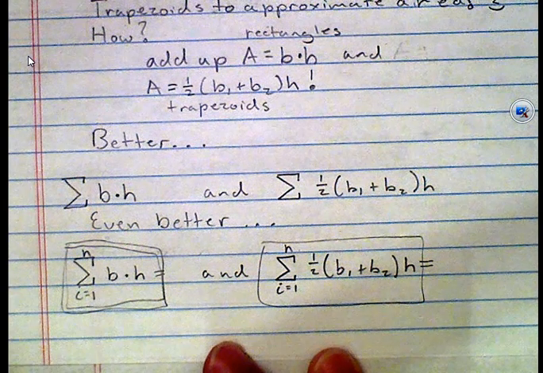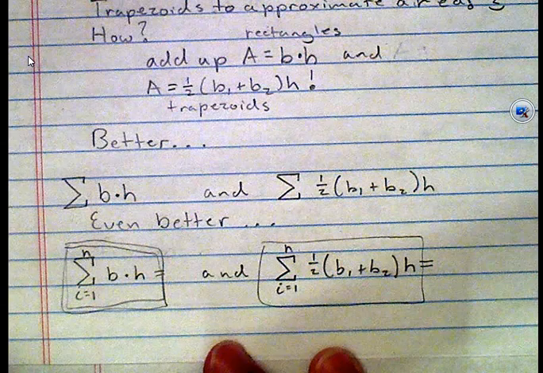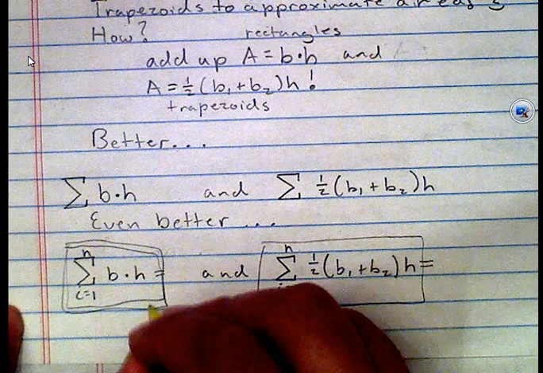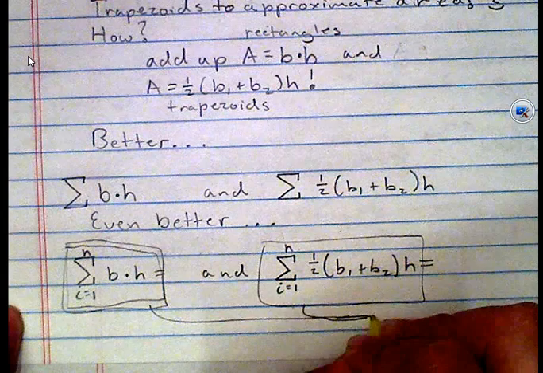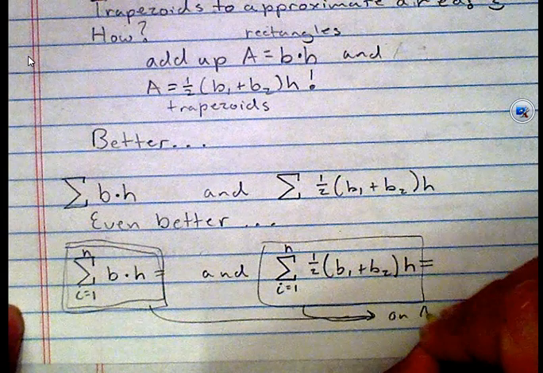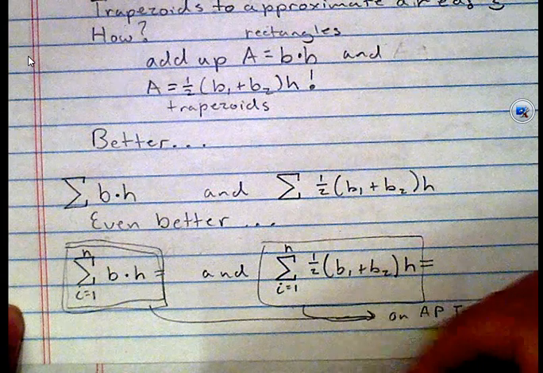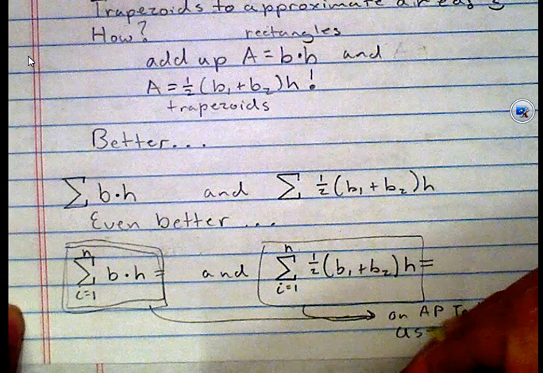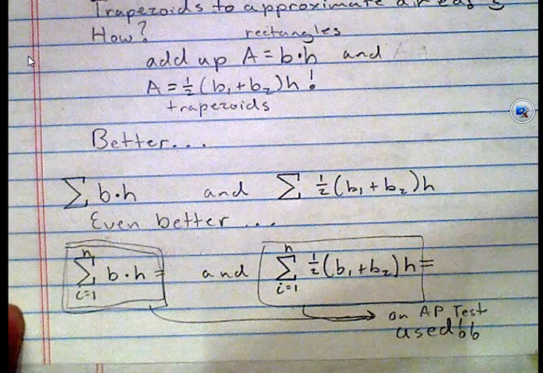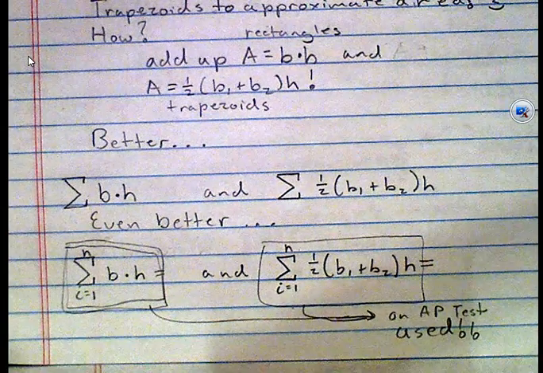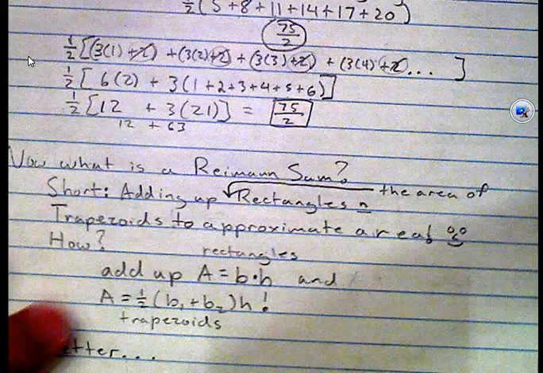Every single AP test uses these 2 formulas. Let me write that down. Used on AP test. Okay, that's good enough of that. So here we go. Moving on. Oh, I don't need to take it off. I need to put it on. Alright, here we go.